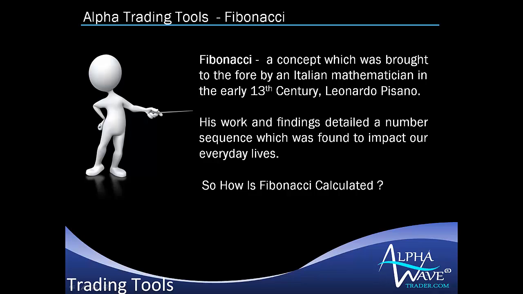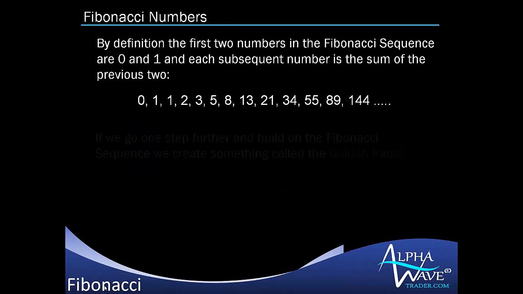So, what is Fibonacci? Fibonacci is an incredibly fascinating, very powerful symmetry that surrounds us in everything. And this is the formula that was discovered by Leonardo Pisano, which details a number sequence that impacts our everyday life.